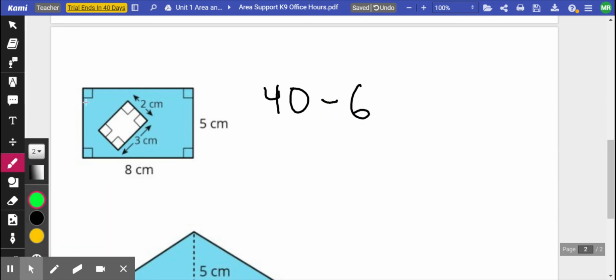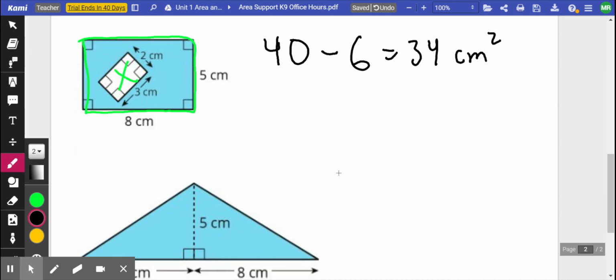So if 40 is the space inside this entire rectangle, and we want to take out that unshaded portion, 40 minus 6 is 34. So the shaded portion of this figure is 34 square centimeters.